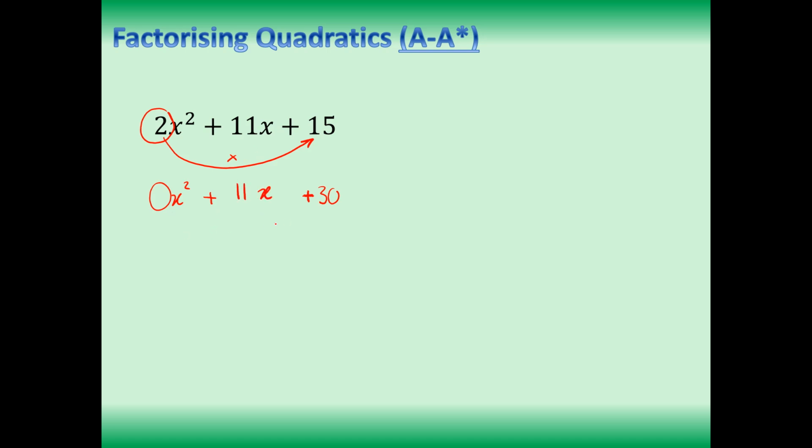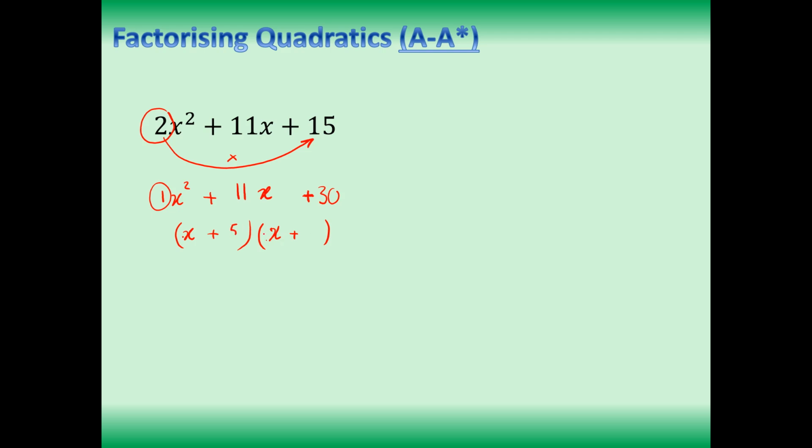Now we go ahead and pretend there is a 1 here, and we're simply looking for factors of 30 that add up to 11. We know that 5 and 6 work out perfectly here. So we put the x here and x here, and notice I'm not writing anything in front of x yet.